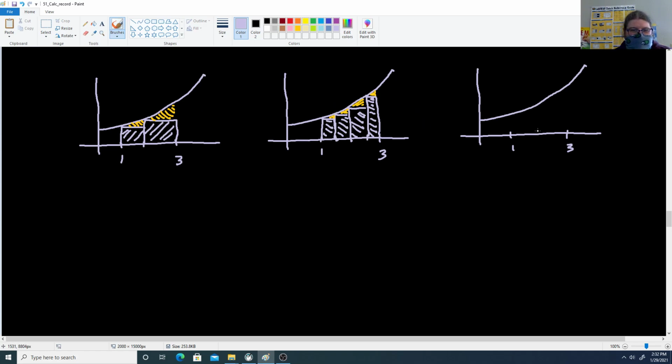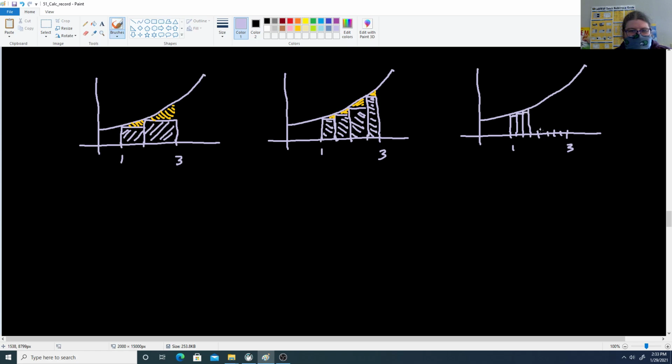So if we go over to 8 bars, which I may have trouble drawing, make sure 1, 2, 3, 4, 5, 6, 7, 8. Now there's going to be even more of these bars. And we are undercounting.